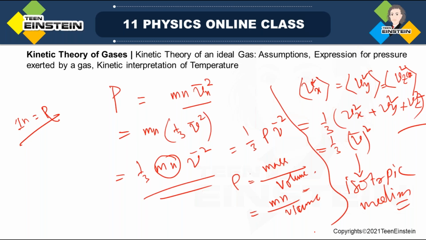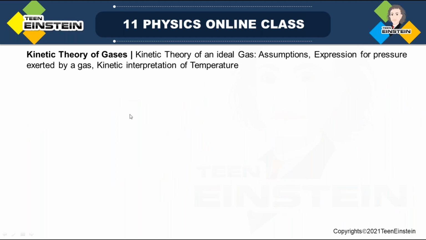Okay, so finally what we have got is the expression for the pressure: P is equal to one third rho v square, v obviously being the average square, v in all directions. Okay, so this is the expression. If you patiently sit and read this, you'll get the concept.